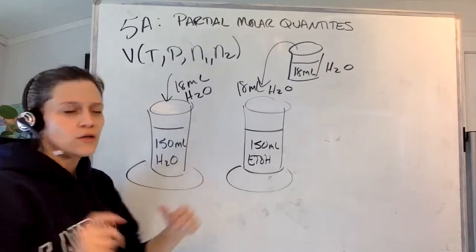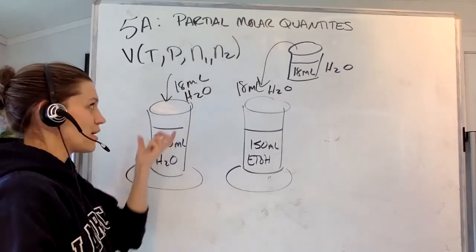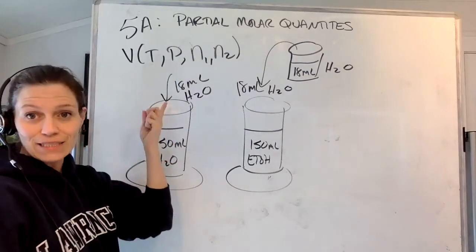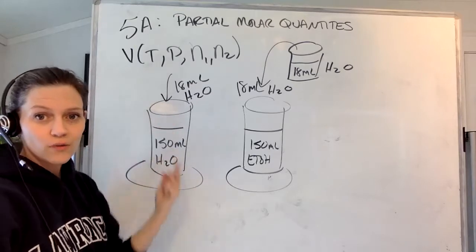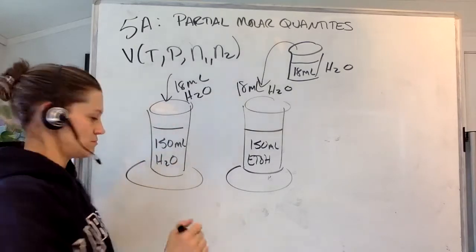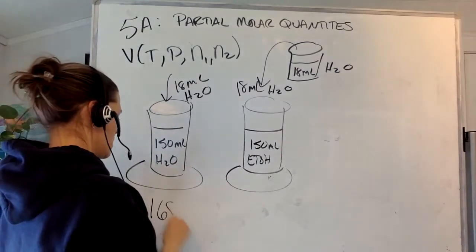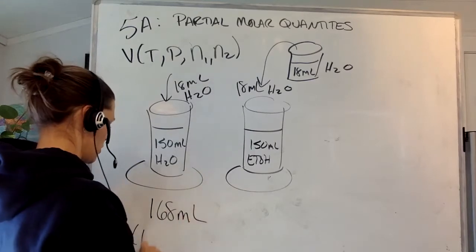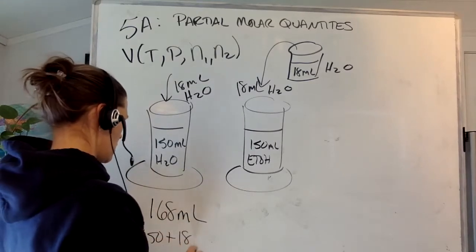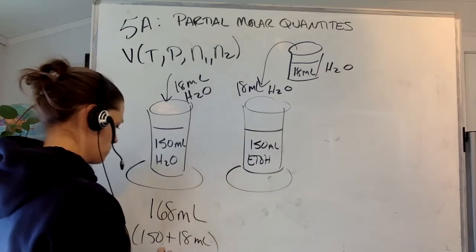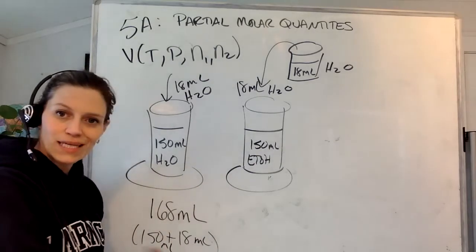Let's start with water. If I add 150 milliliters to 18 milliliters, water and water, what will be the volume? 168 milliliters, which is 150 plus 18. Cool? Linear.